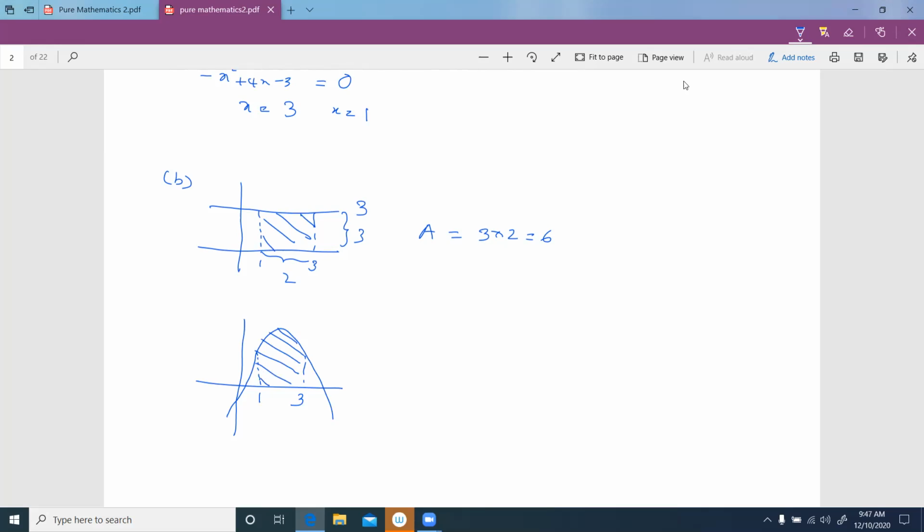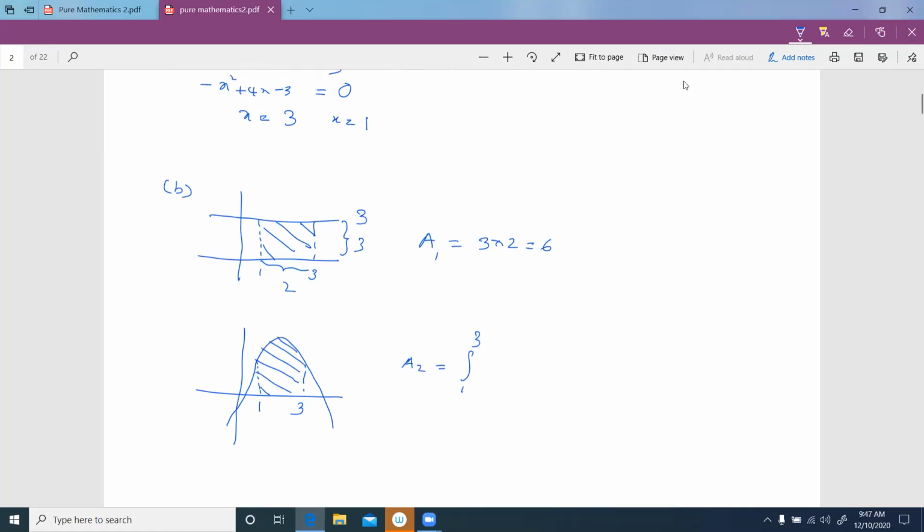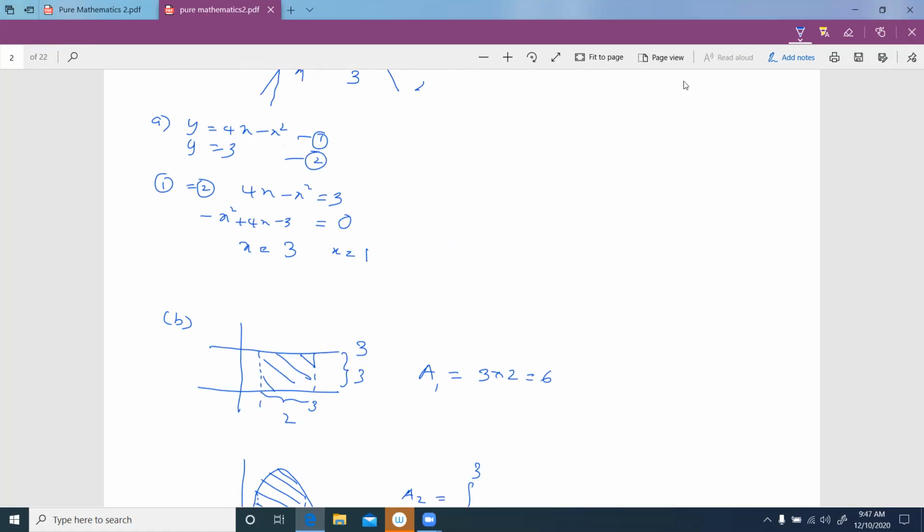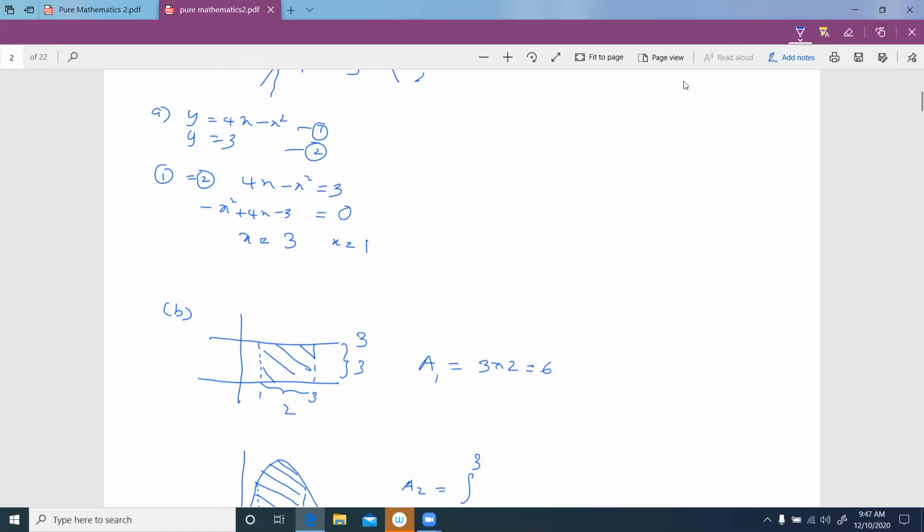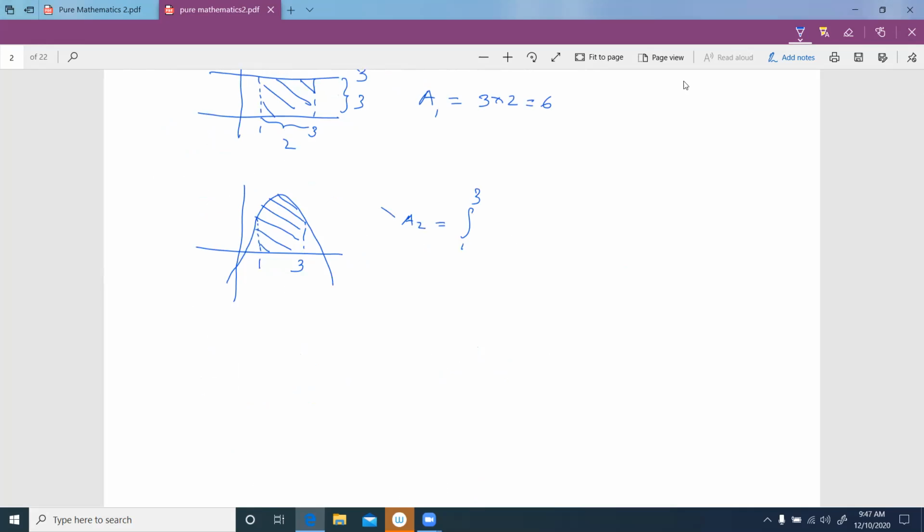So this is A1 and this is A2. A2 is the integration from 1 to 3 of 4x minus x squared. If you do this, that is 4x squared divided by 2 minus x cubed over 3, from 1 to 3.